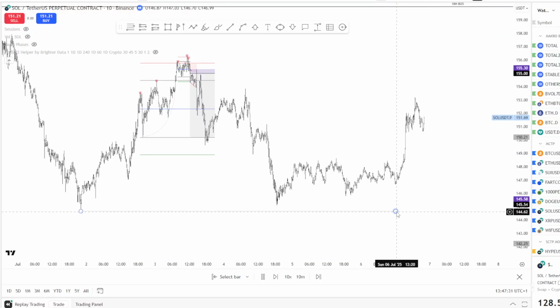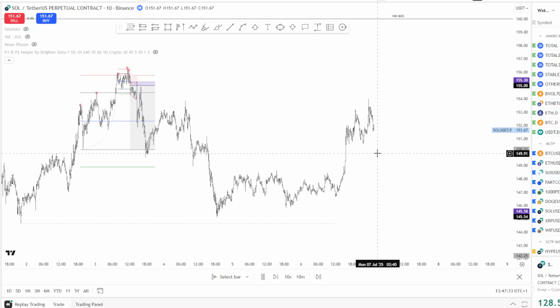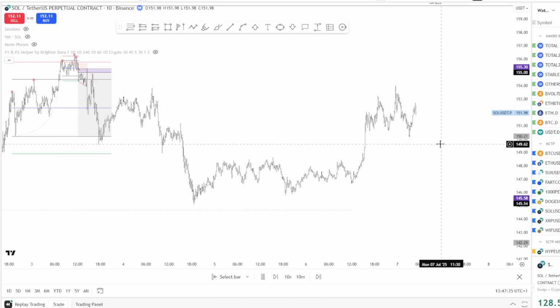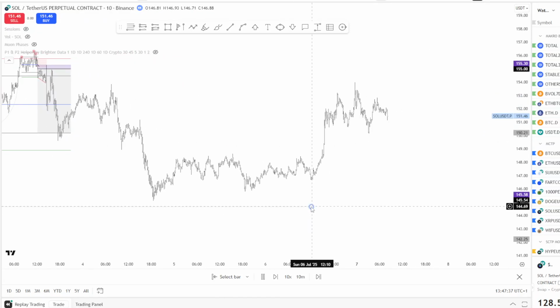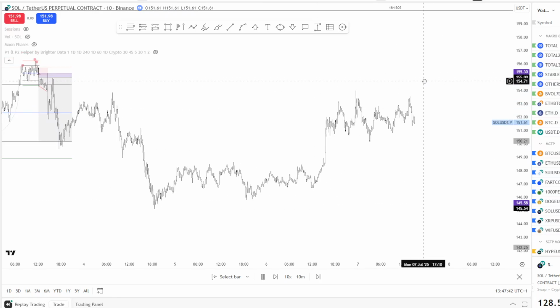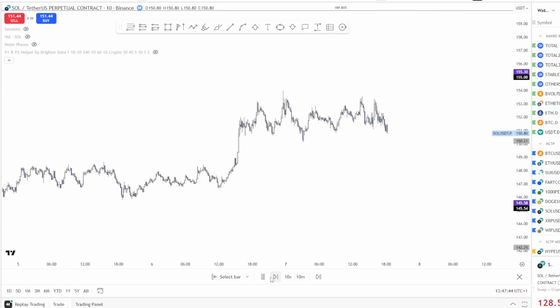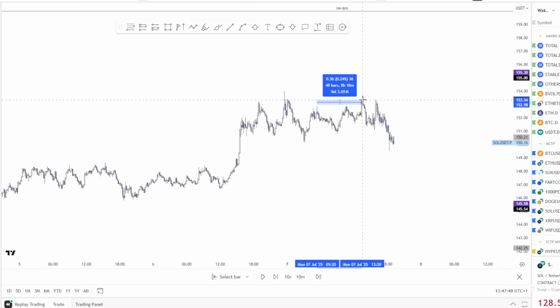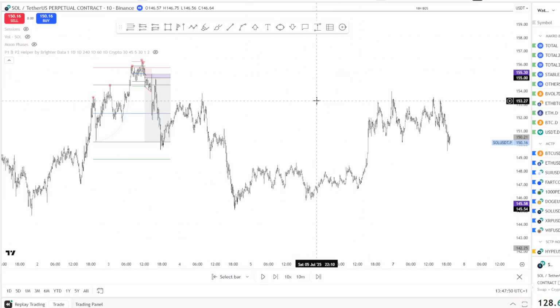Okay, so nothing is happening right now. Again, this coin is distributing every time.